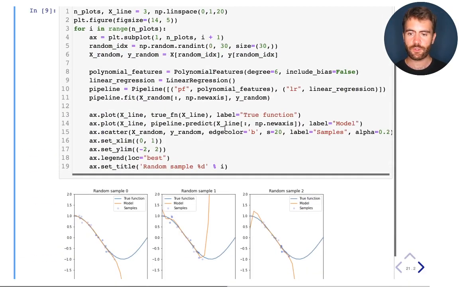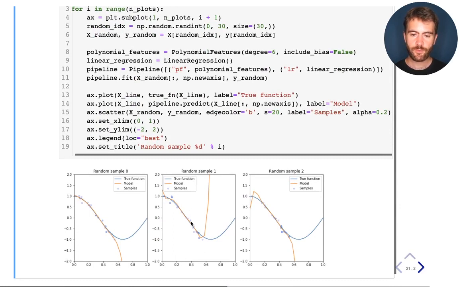And let's look at the results. So here, in blue, I have the actual curve. And you can see that in each of these three subplots, I have a slightly different subset of points. For example, these points are here, but they're not here.